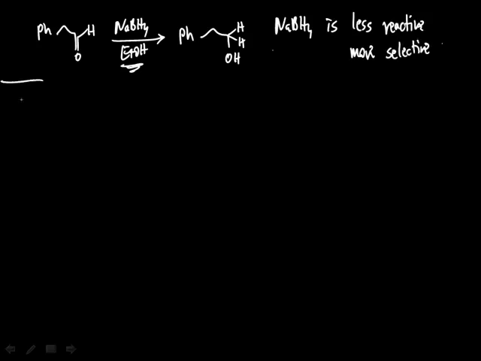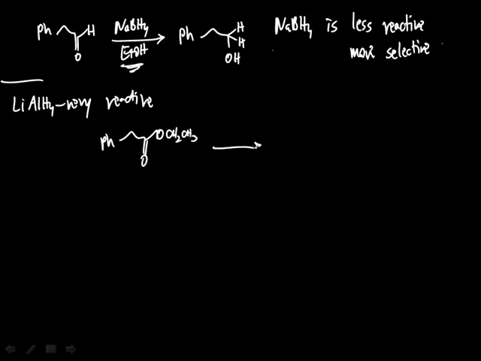On the other hand, lithium aluminum hydride is very reactive. It will reduce, for example, an ester all the way down to an alcohol. But if you notice, this compound has to be used in ether.